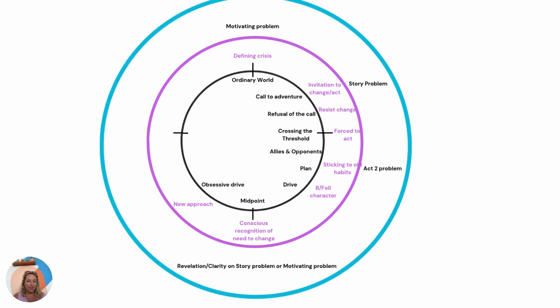Let's keep on moving into Obsessive Drive. In Obsessive Drive, this is when our characters are taking on a new approach. In most cases, they should be doubling down on their weakness here. In other cases, they've learned things already and are starting to act a little bit differently. It varies.